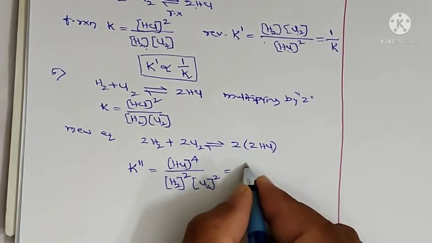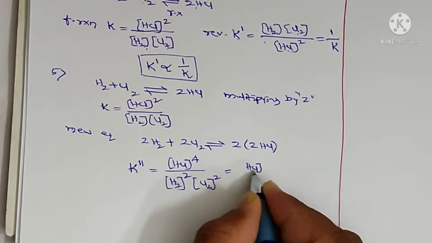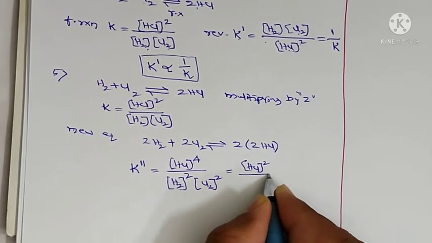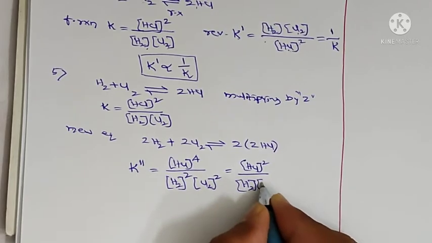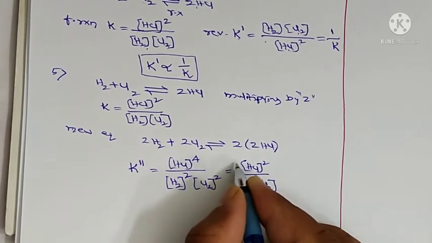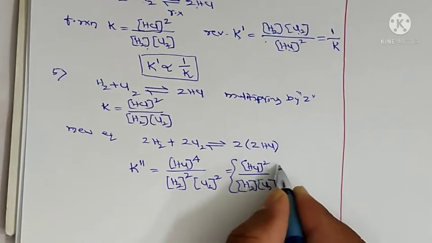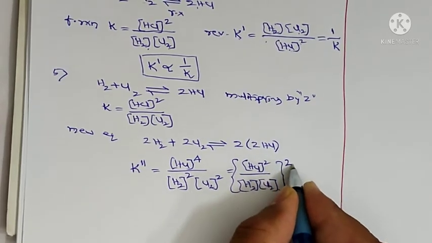We can write that as HCl concentration power 2 divided by H2 concentration and Cl2 concentration, and the whole expression power 2.